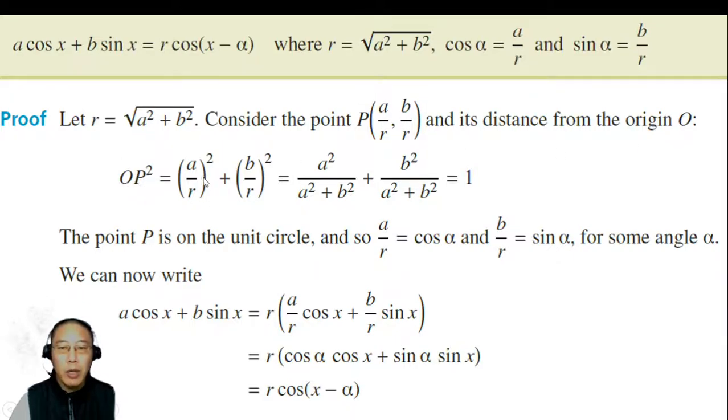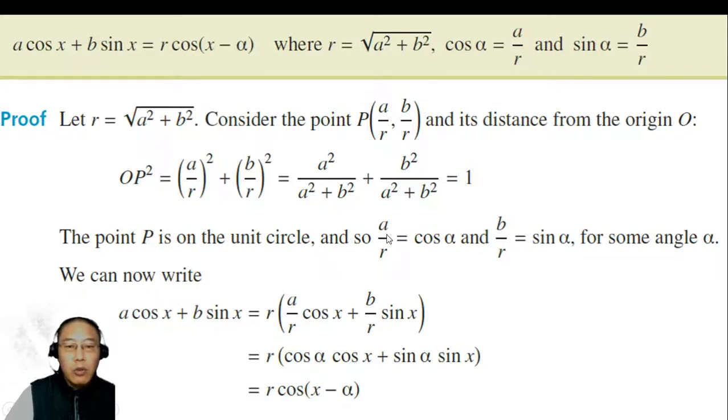It's OP squared. We simplify that and we find out it's equal to 1. So P now is on the unit circle, so its coordinates can be defined as cos and sine of an angle alpha. For the second relationship, we can define them as sine of beta and cos of beta.